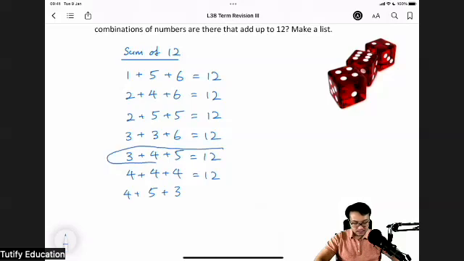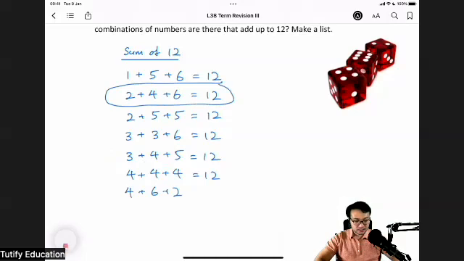No, we cannot because it's already written down, right? So 4, 5, 3 is not possible. 4, 6, 2? Not possible because it's already repeated. So is that all? I would say that's all. Shall we move on to 5? Okay. 5 plus 1 plus 6.